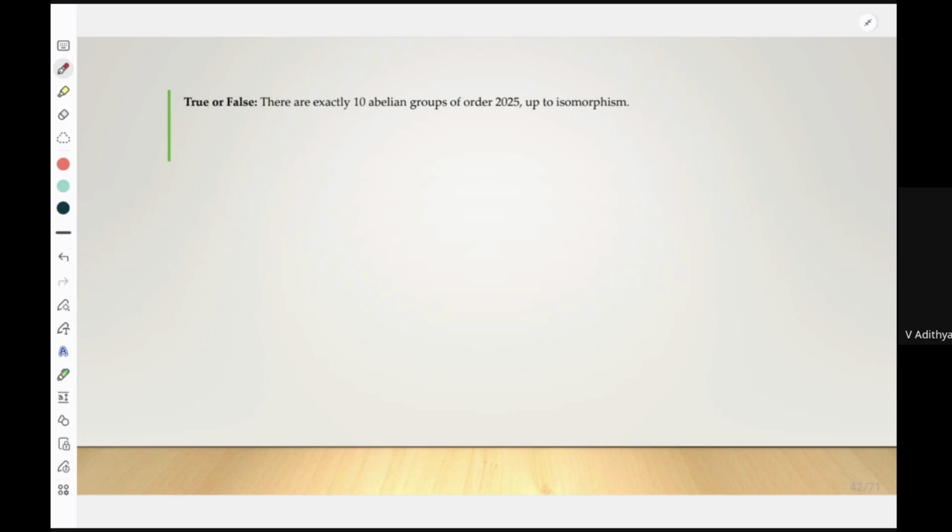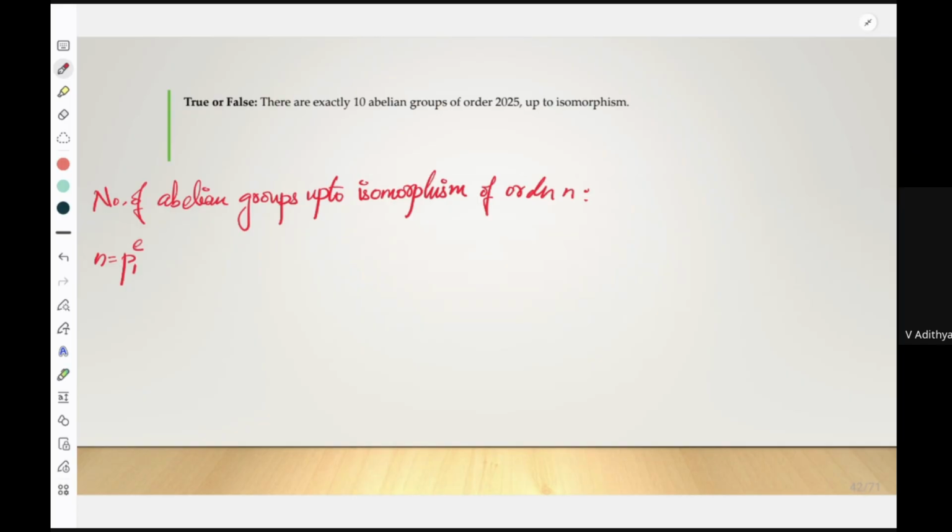So again, this is a formula which you can remember. Suppose you want the number of abelian groups, up to isomorphism, of order n. Now let n be p1 power e1 through pr power er.